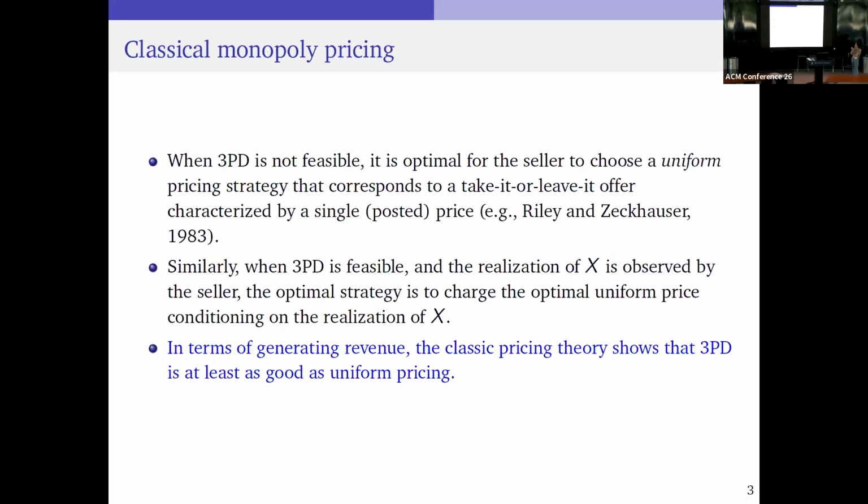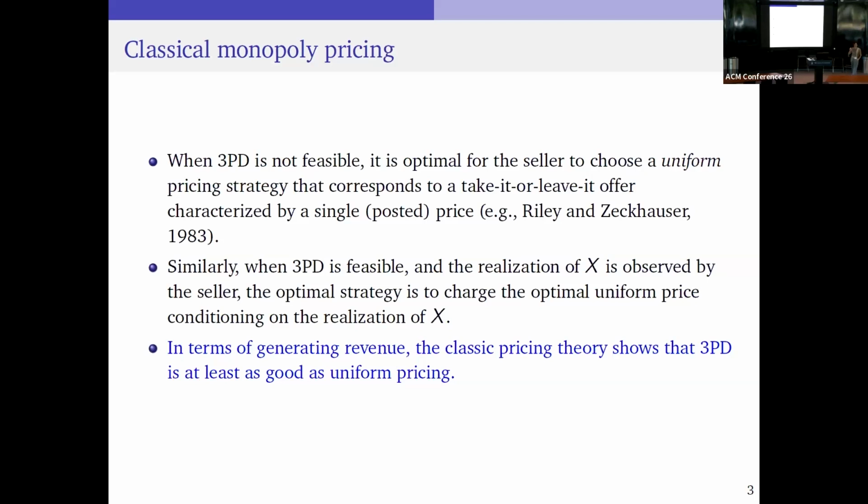With price discrimination, which I call 3PD because it's third-degree price discrimination, the seller observes the X, and the whole strategy is essentially that you condition on X and charge the optimal uniform price.